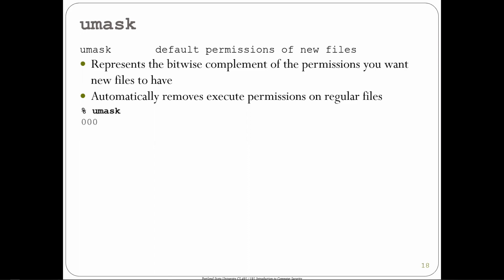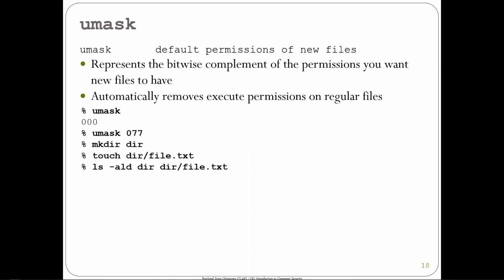Okay, so if you type umask by itself, you'll get the active umask. And in this case, it's masked to all 0. Don't give anyone any access, which is typically not a umask that you would have. Let's say the umask is wide open, sorry. It's not a mask that you want to have, because any file or directory that you create is completely wide open if it's all zeros.